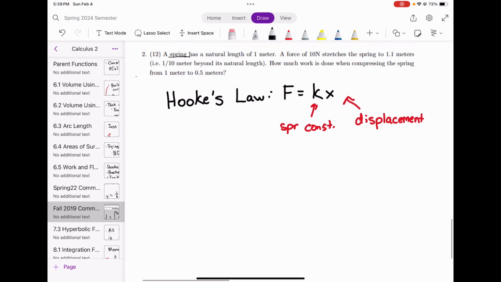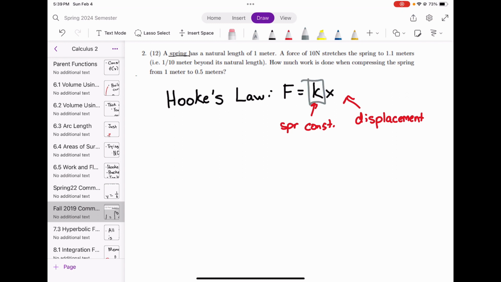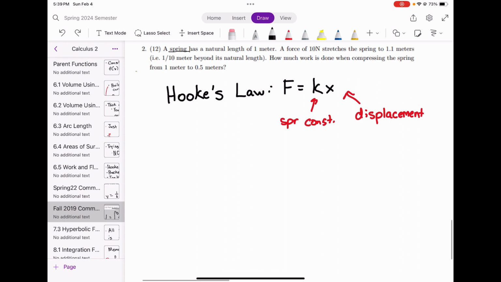Okay. And they don't provide us with this K value over here, which means that using this information we have to find that first. So we can solve this, right? Using this formula, 10 newtons is equal to K times 1/10 meters.